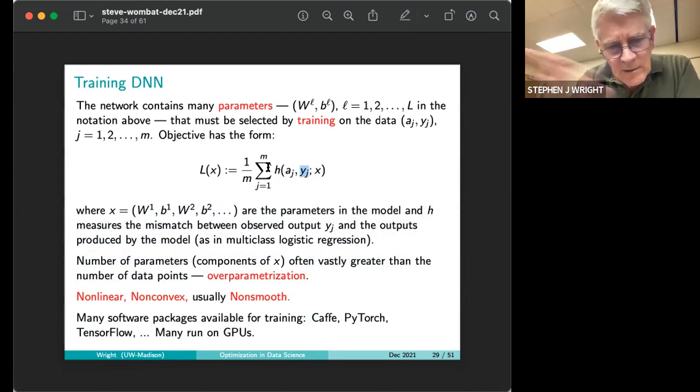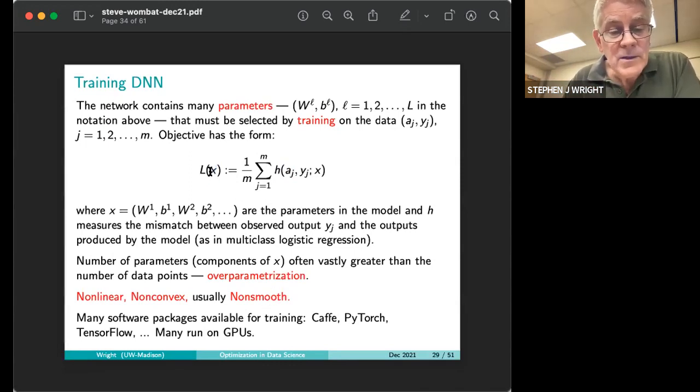And then you do that comparison and you write down an objective which tells you how well you did at predicting the YJ output. And that gives you this loss function H. And then you sum up or you average the losses over all the training data, and that's the thing that you want to minimize to find the optimal weights, X. Okay, and this is exactly what they do in training neural nets.